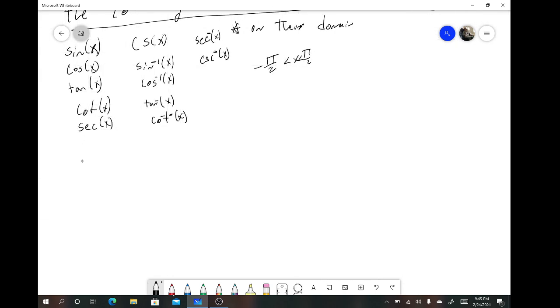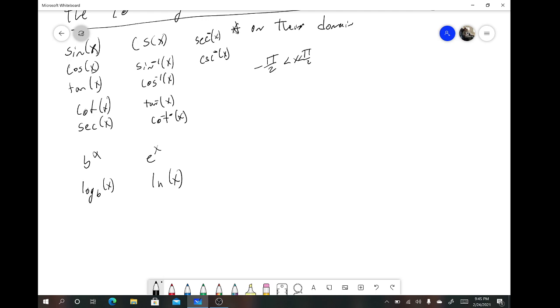And also the following exponentials are continuous as well. So b to the x is continuous, e to the x is continuous, and the logarithm log b of x and ln of x are also continuous functions. So all of these are continuous on their respective domains.